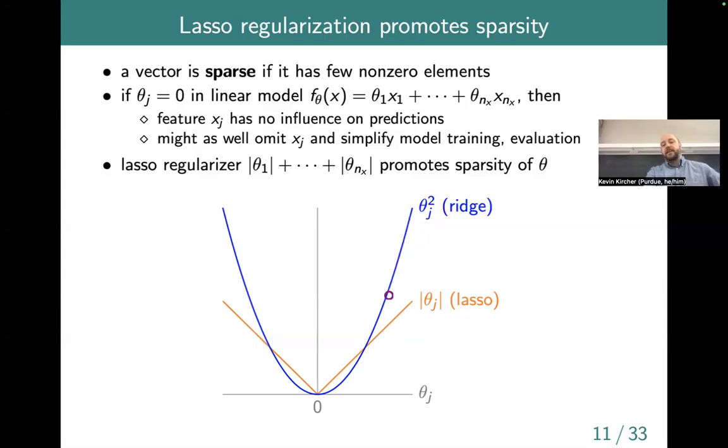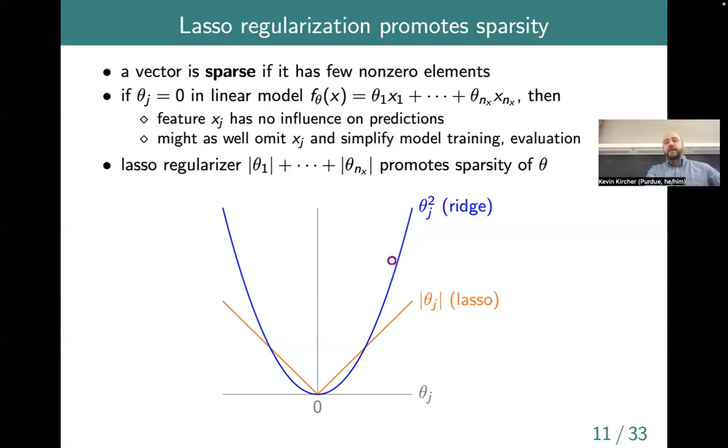But as theta j gets smaller and smaller, the incremental value of decreasing theta j gets smaller and smaller. You get sort of diminishing returns, if that makes sense. And when you get down here, you almost don't care at all. There's almost no benefit left to making theta j small.